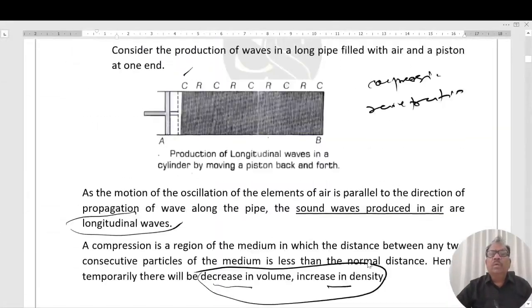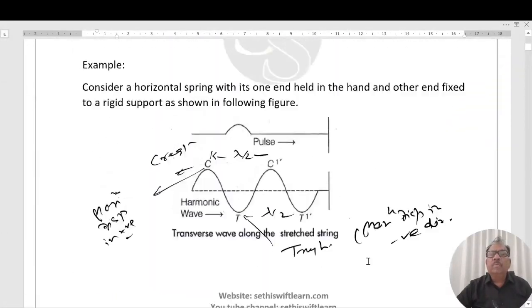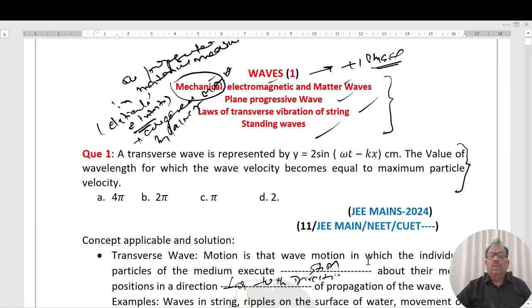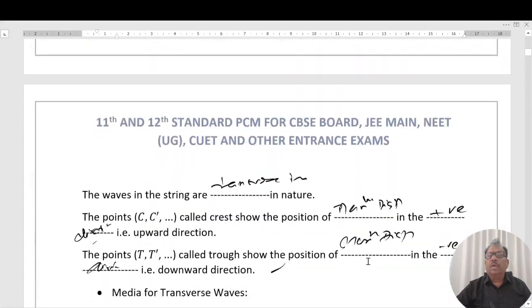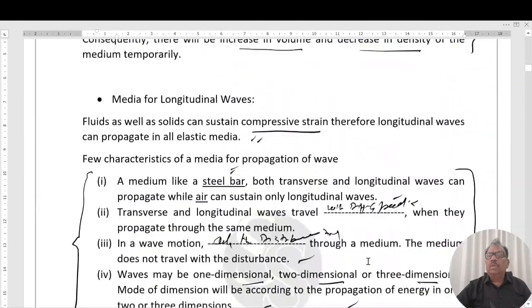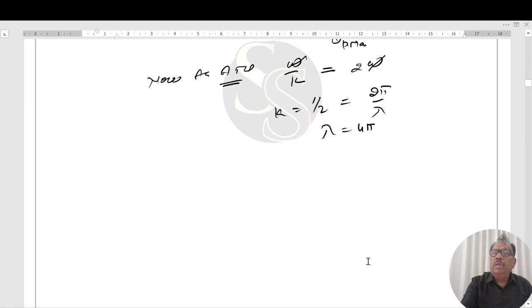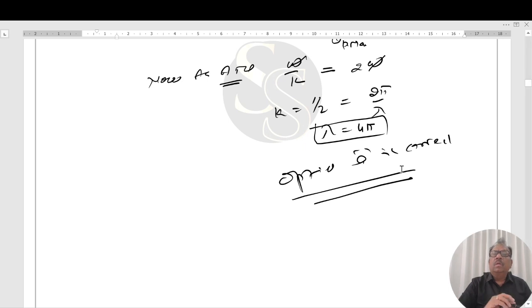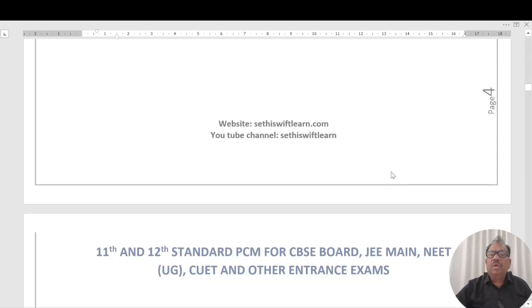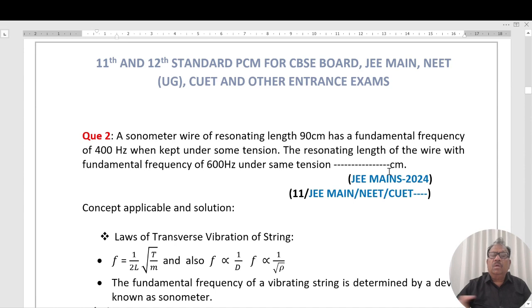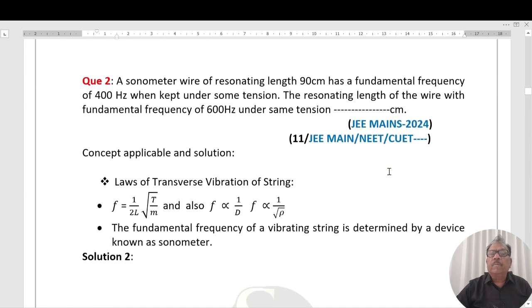Right? Its answer will be option A, 4 pi centimeter. Option A is correct.